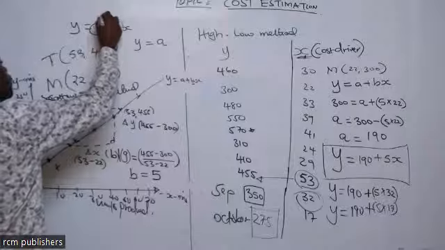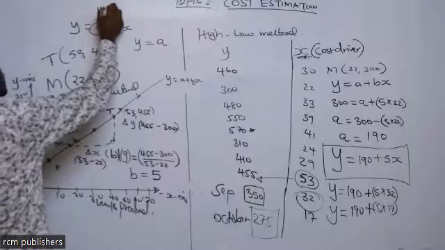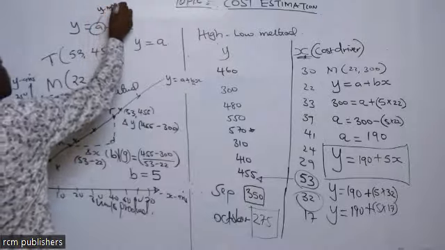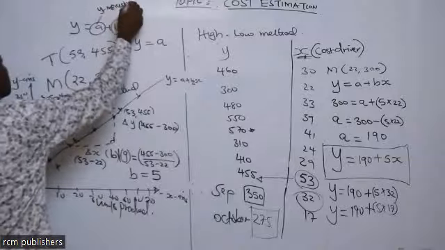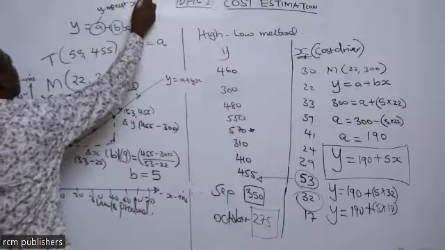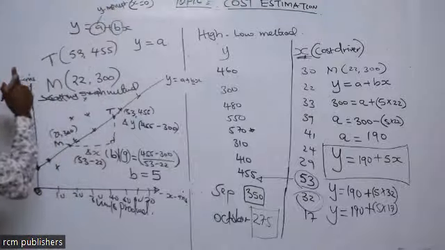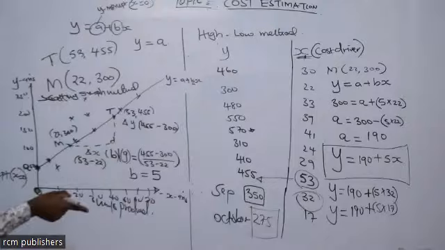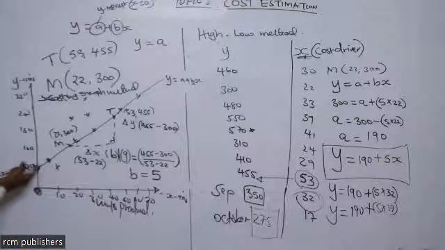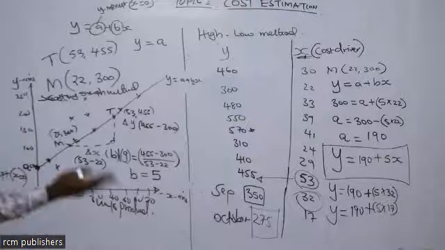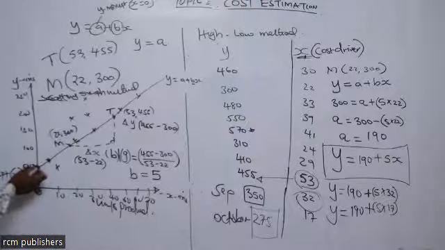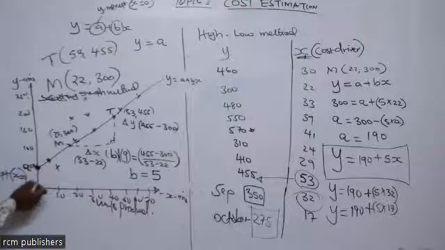The value of A, we say, is the y-intercept. At the y-intercept, x is equal to 0. When it crosses the y-axis, x will be 0. That is the fixed cost. Even if they have not produced any unit, they have already incurred some cost. Of course, as we progress to subsequent topics, we'll be understanding these types of fixed cost.